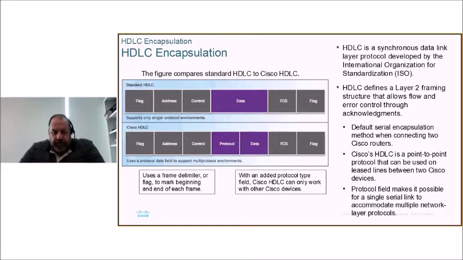But yeah, if you need to hook it into some other vendor's equipment, you will need to change it to triple P. So the protocol field makes it possible for a single serial link to accommodate multiple network layer protocols. This was done back in the 90s, I think, where they added the extra field.